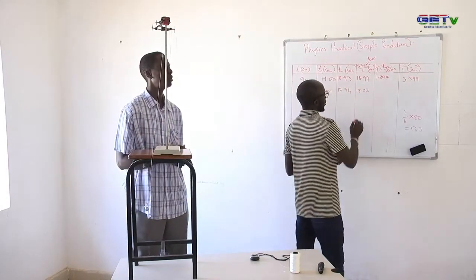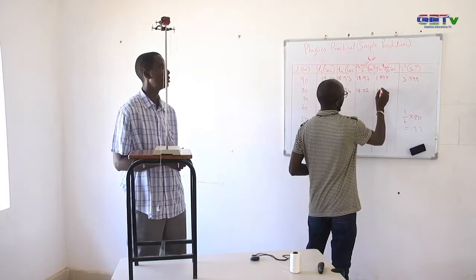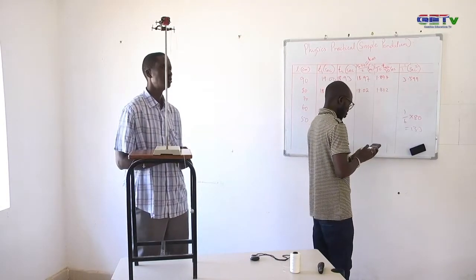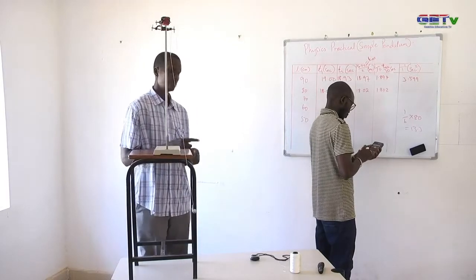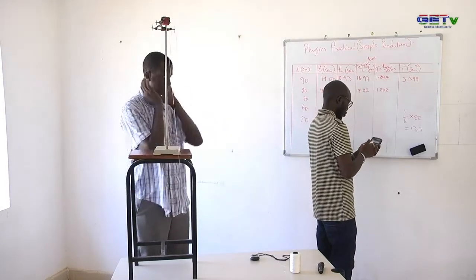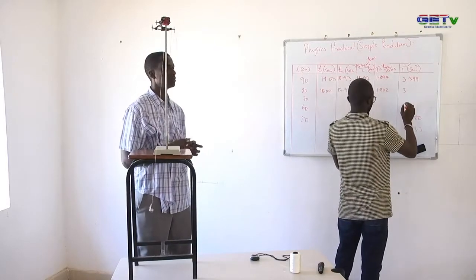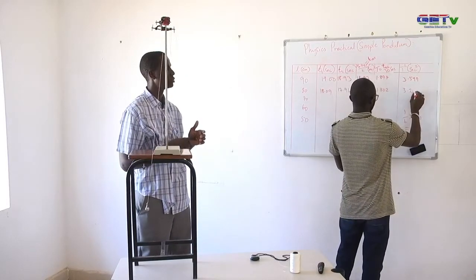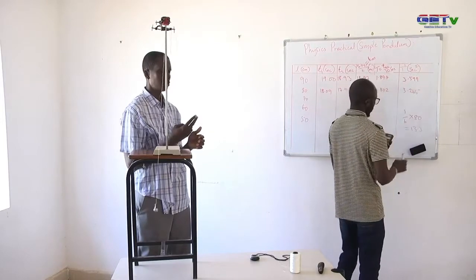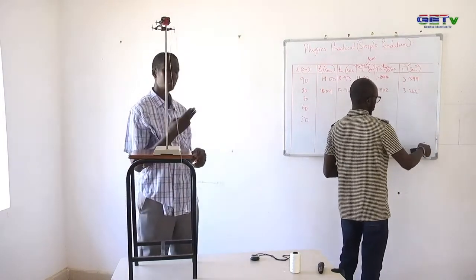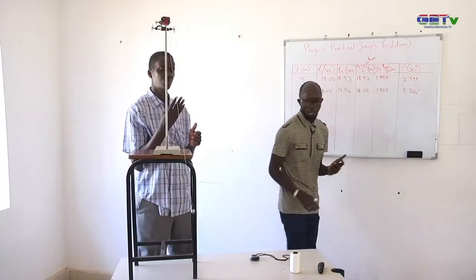Now this 18.02, if we divide it by 10, we get 1.802. Now we will take the square of that, and what we get is 3.245. I hope you are seeing the pattern now.